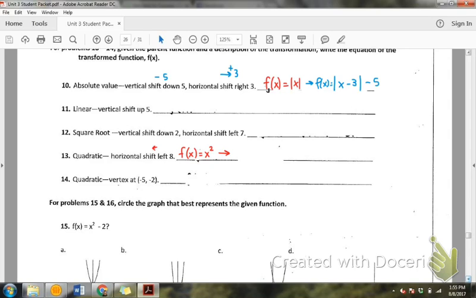So if I'm going to the left 8, that means really negative 8, right? But when I put it in, it actually needs to be a positive 8. So we said it was going to go on the inside. So I have f of x equals x plus 8. And then what goes on the outside there? Squared. And then you can put a plus 0 if you want to, but it's not necessary.